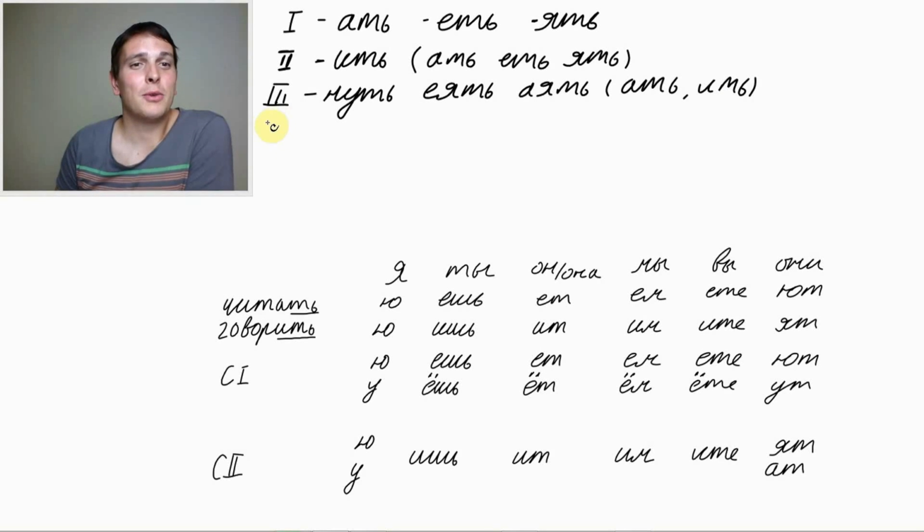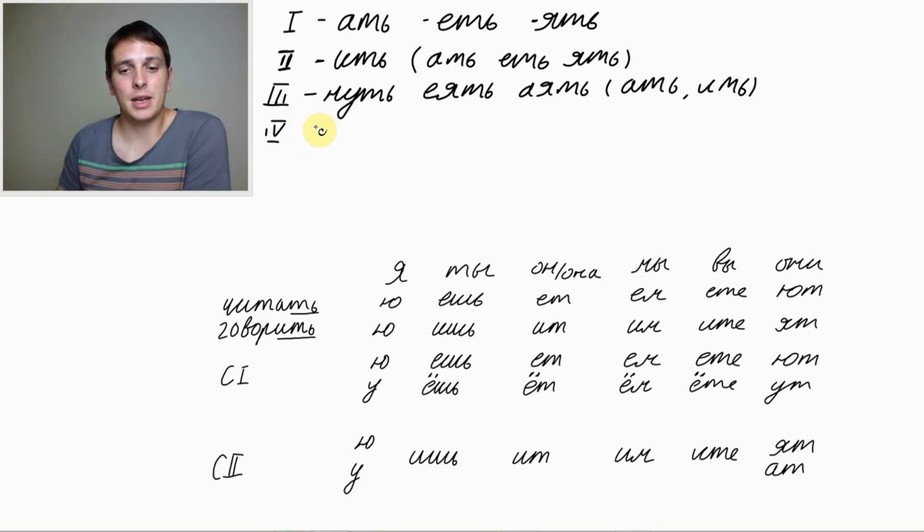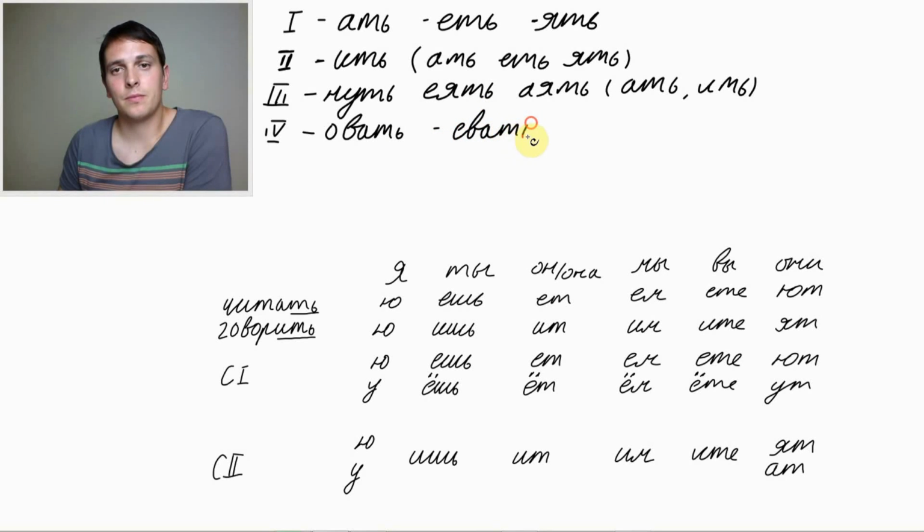So, now we get the type number 4. Type number 4 got endings овать and евать. No other endings, so they are pretty distinguished ones.